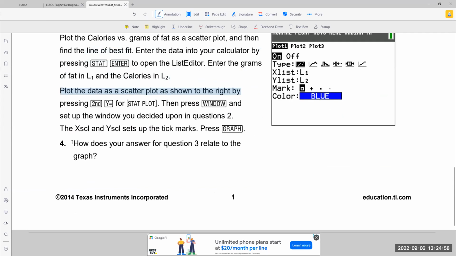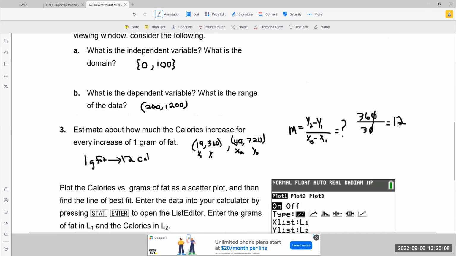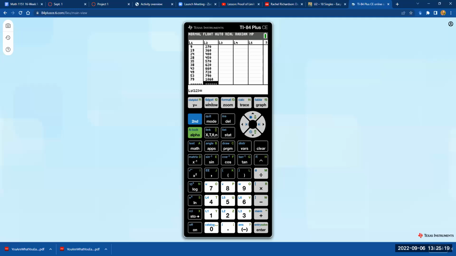And then it says, how does your answer for question 3 relate to the graph? Okay, so question 3 was the slope, and let's look at the graph together. By the way, and I think this is in the instructions there as well, we want to set the window so that we can see the full picture.